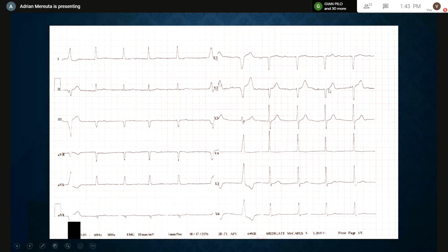This is the same, only in this case, it's only one beat or two beats which are stimulated. The rest of the time, the patient is working in his own rhythm, atrial fibrillation rhythm.